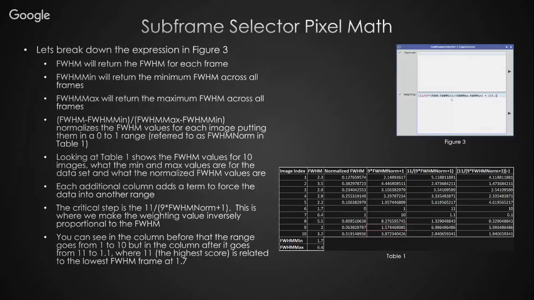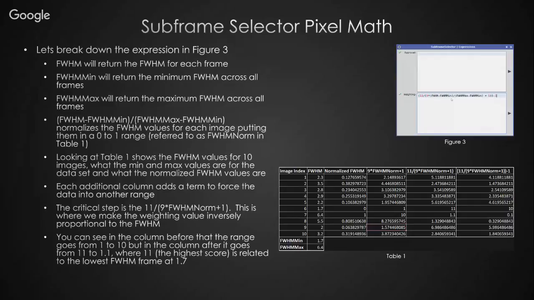You'll see in the table what that looks like, so it'll make a little more sense then. You'll also see that I've got this expression in here where I'm taking the full width half maximum minus the full width half maximum minimum, and then dividing that by the full width half maximum maximum minus the full width half maximum minimum. This is called normalization.